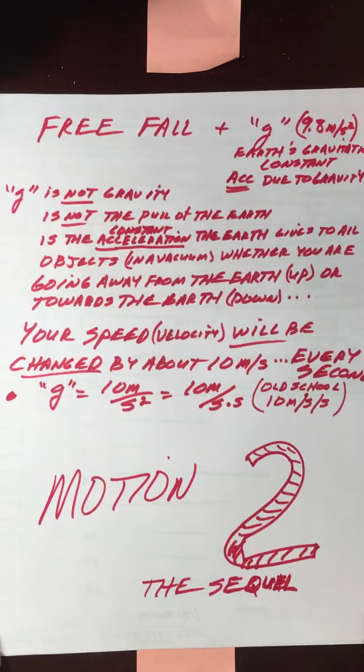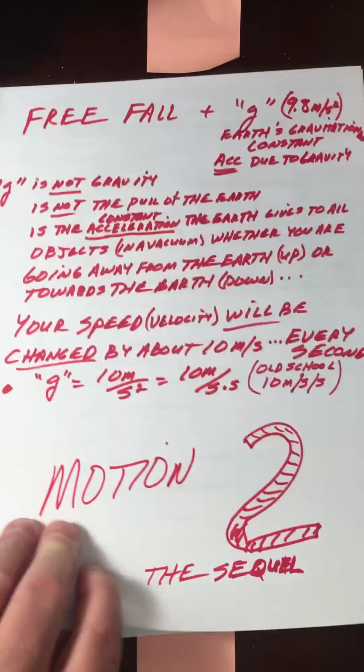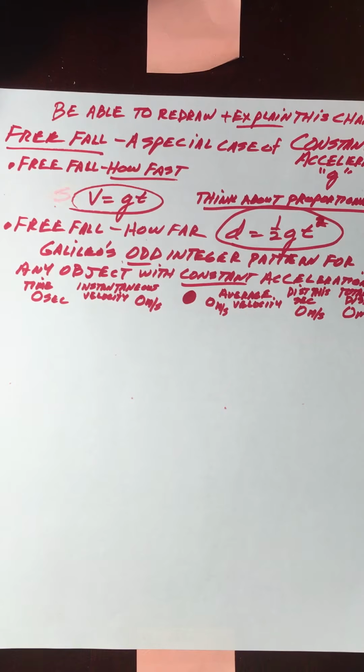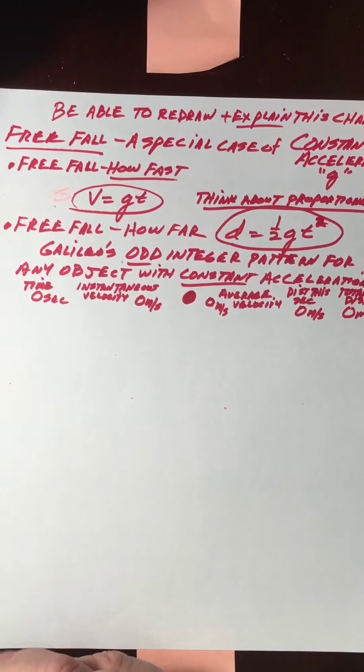This is motion 2, the video, the sequel. Now let's go to the chart I'm going to ask you to do. The chart is on free fall. Free fall is a special case of constant acceleration.